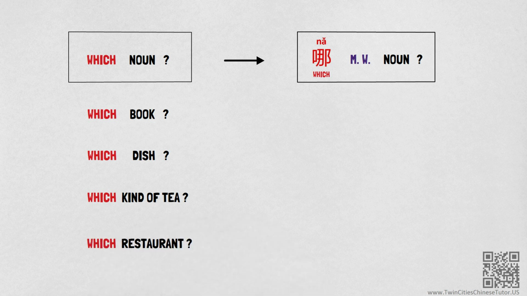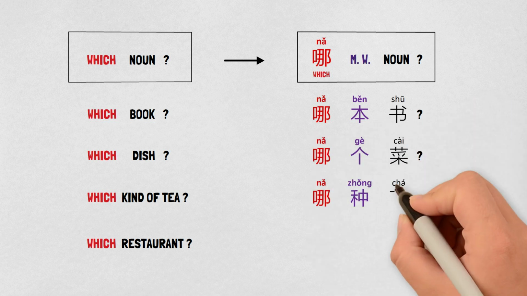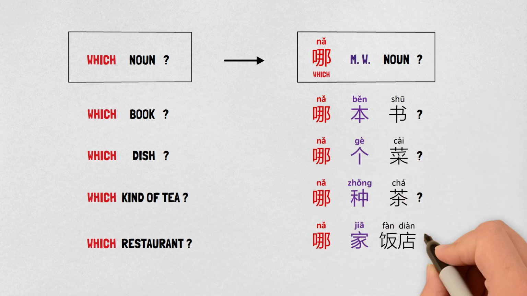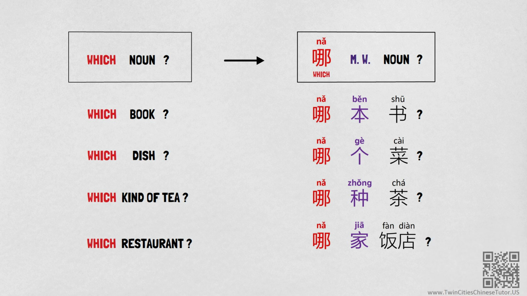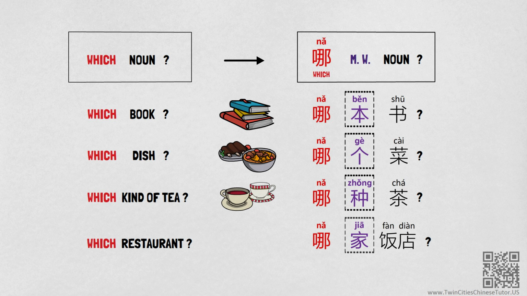In Chinese, that would be 哪本书, 哪个菜, 哪种茶, 哪家饭店. As explained in the measure word video, Chinese measure words provide a conceptual and qualitative understanding of nouns, so it is important to learn to use the appropriate measure word for different nouns.